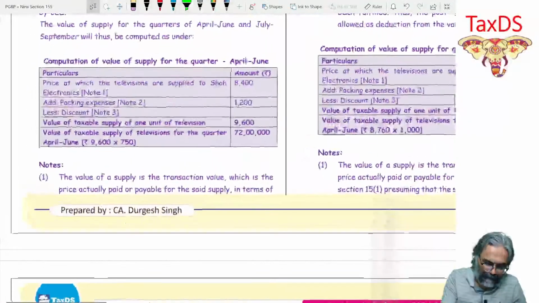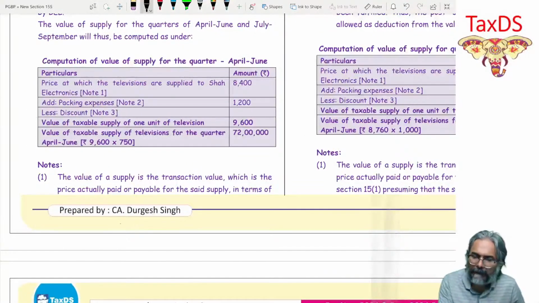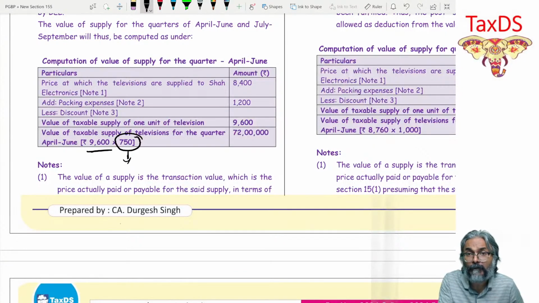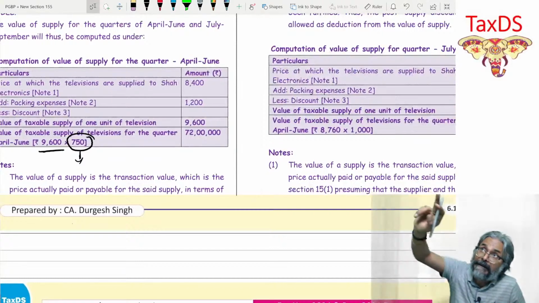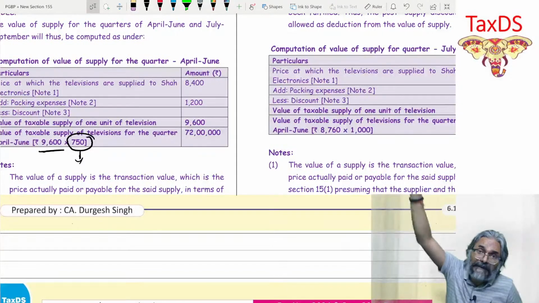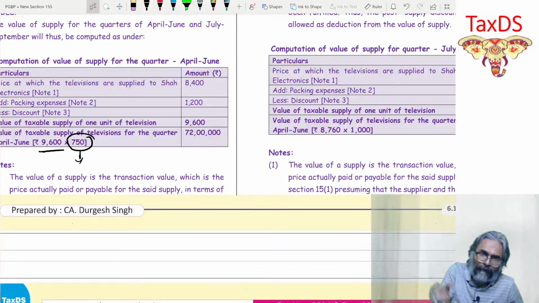See, students, over here, be careful. The one mistake that you people can do would be, see the number of units sold. This number of units is sold by whom to whom? 750. Sold by the distributor to the customer. Finally, you have to calculate a taxable value, no? So this 750 is what?